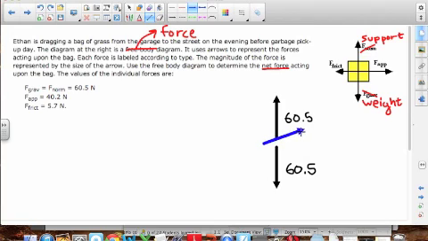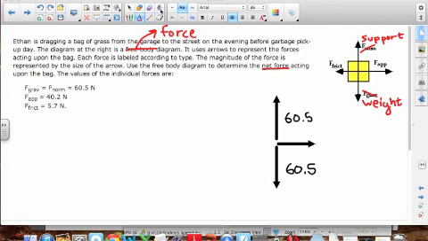It can't have any upward or downward part to it, because the support force and the weight cancel each other out. Now we are also told that the applied force is 40.2 newtons.